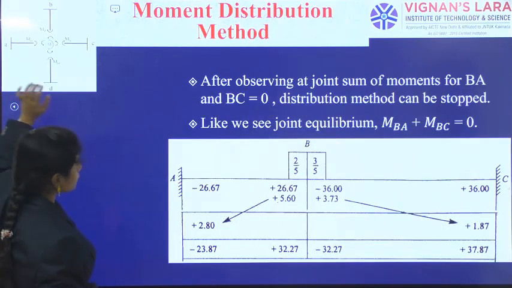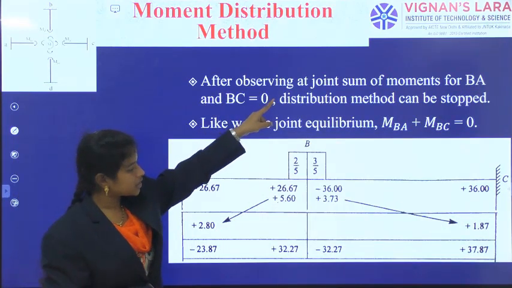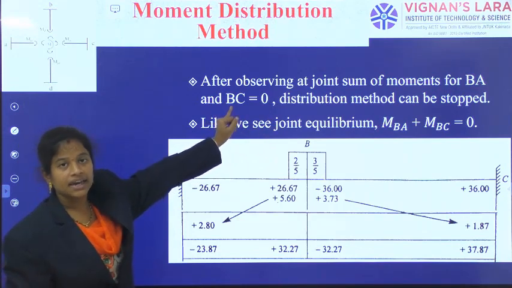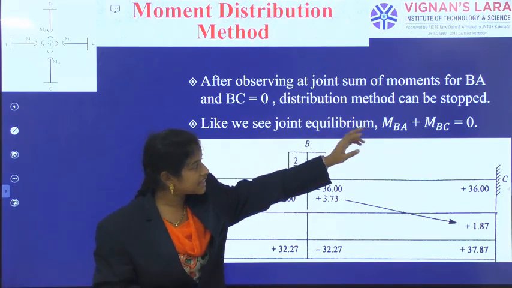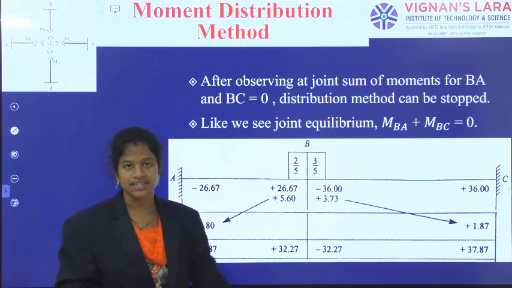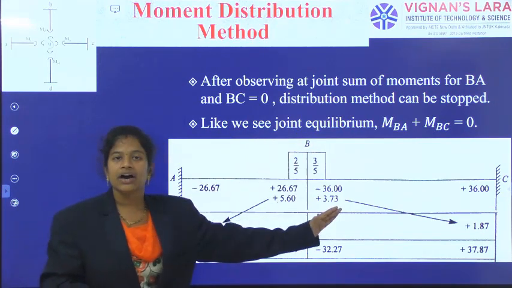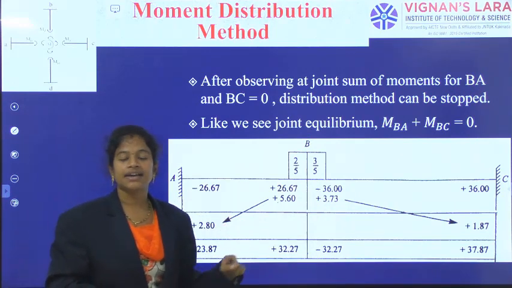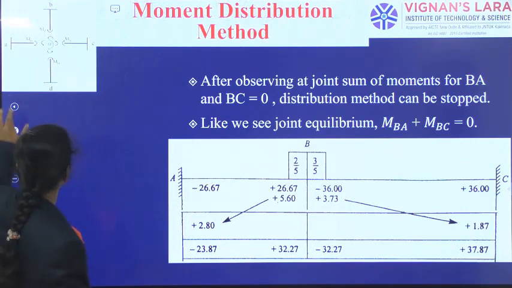Okay. After observing the joint, if the sum of the moments of the members BA and BC is equal to 0, the distribution method can be stopped. Like we see the joint equilibrium: MBA plus MBC is equal to 0. So in this way our moment distribution table has completed and we will indicate the support moments like this.